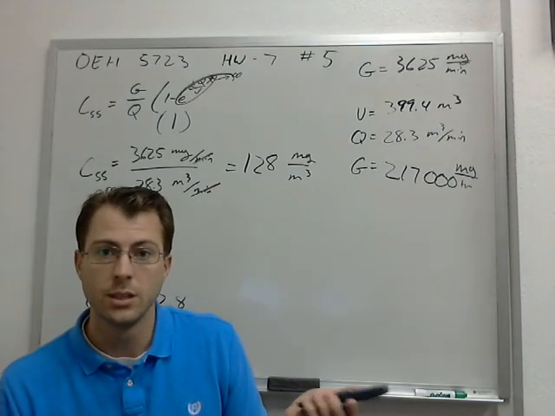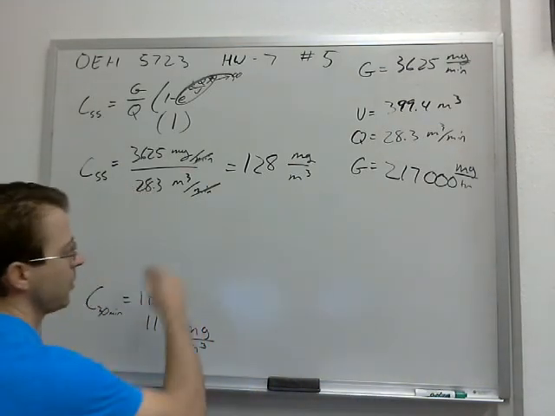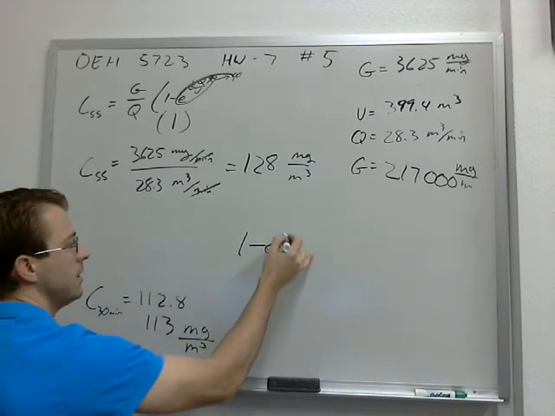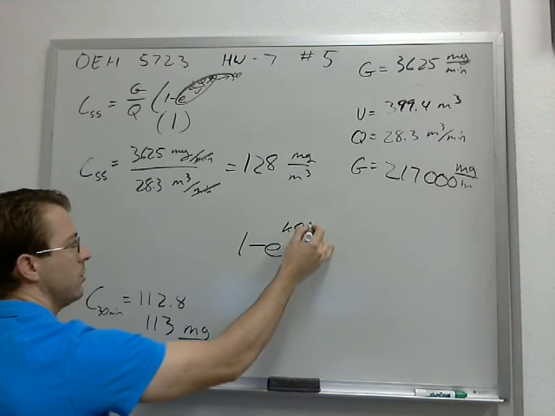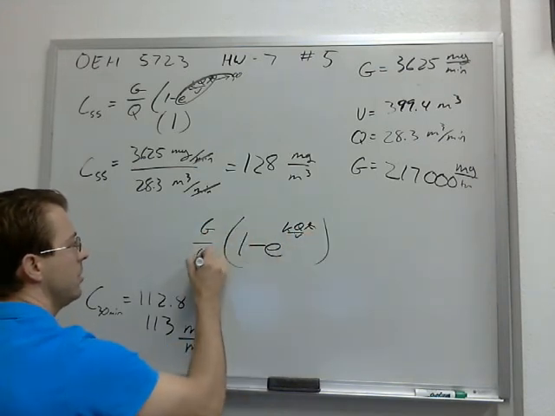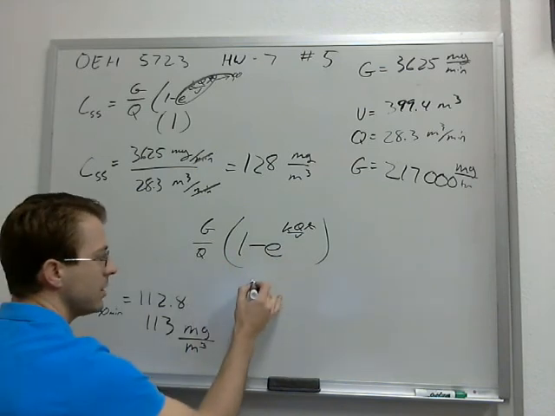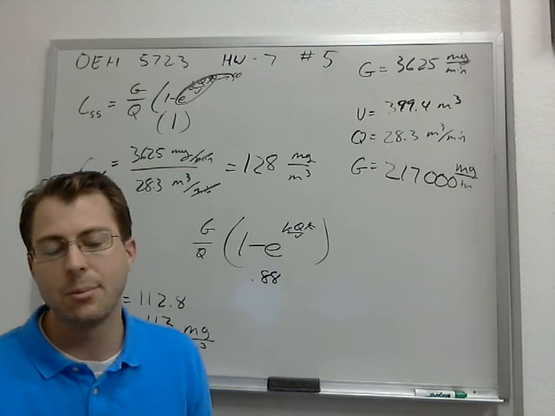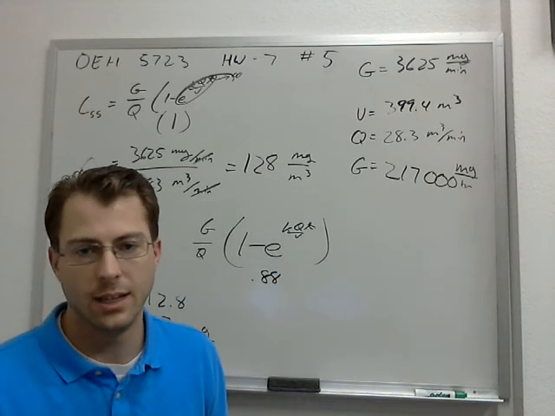Well, they're pretty close. But as I pointed out, when we were working this out, the 1 minus E to the K Q T over V, G over Q, this expression came out to 0.88. So basically it's 88% of the way to steady state.